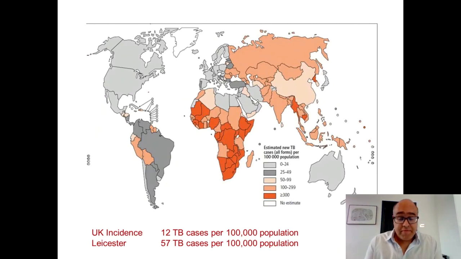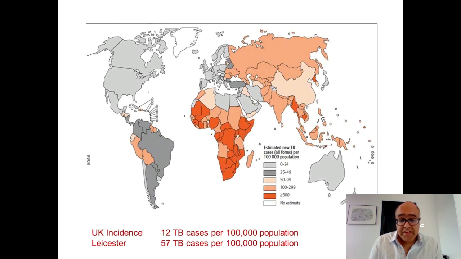So just to finish off this case, this is really to show you where we're at in Leicester compared to the rest of the UK. It's slightly older data from the mid-2000s, but it does demonstrate a good point that clearly due to the ethnic minority makeup of Leicester, we do have a higher incidence of TB compared to the rest of the United Kingdom.